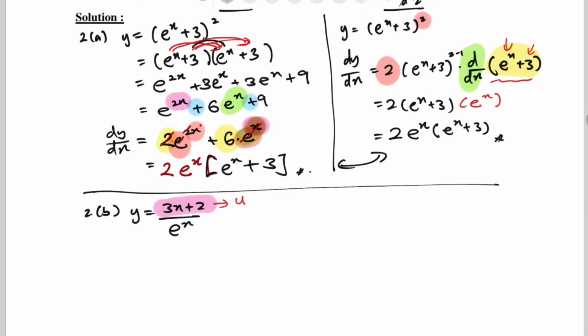The expression above should be u, and the expression below should be v. After that, differentiate u and v one by one. Differentiate u, you get 3, and differentiate v, v prime is just e to the power of x, so that means you get exactly the same thing.